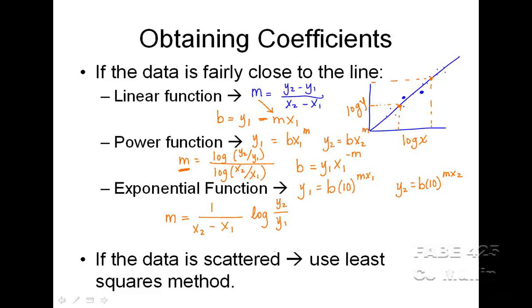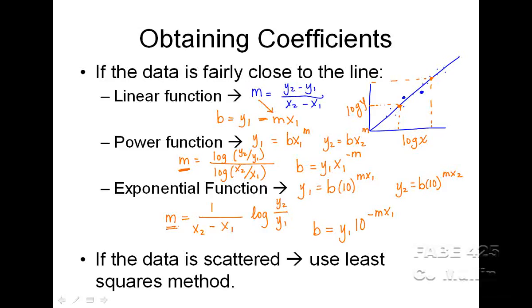So if you're looking at where this equation for the m came from, if you manipulate these equations around, using the properties of the logs that was on one of the first slides in this lesson, you should be able to come up with that equation. And then same way, you're going to solve for b using one of the sets of values, and 10 to the minus m x1, and you can get your b value, again substituting in this value of m that you calculated.